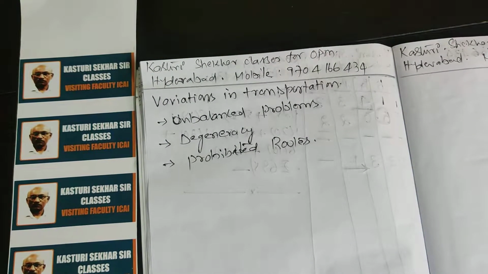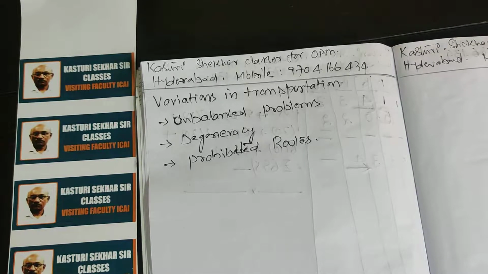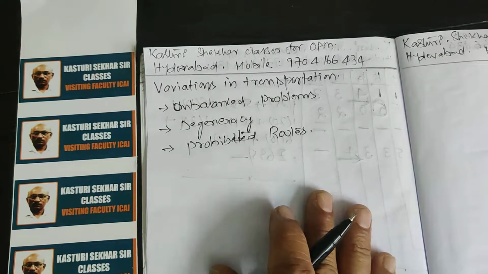There are three variations in a transportation problem. First one is the unbalanced problem, then the degeneracy concept in transportation, and the prohibited routes concept in transportation.